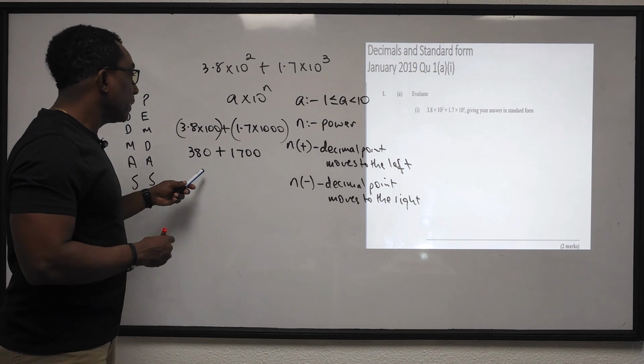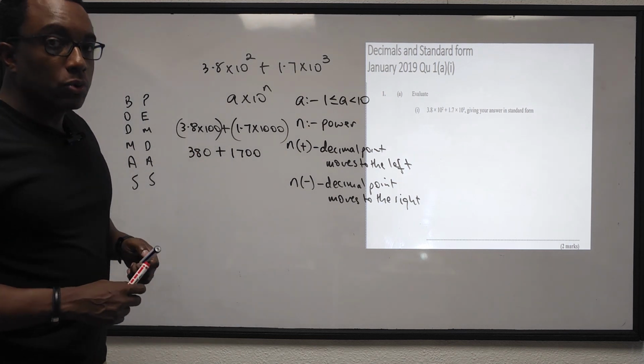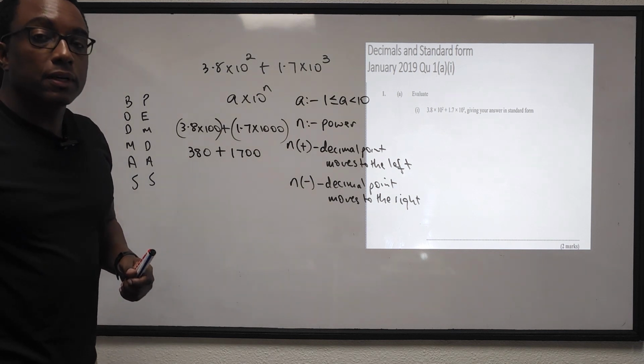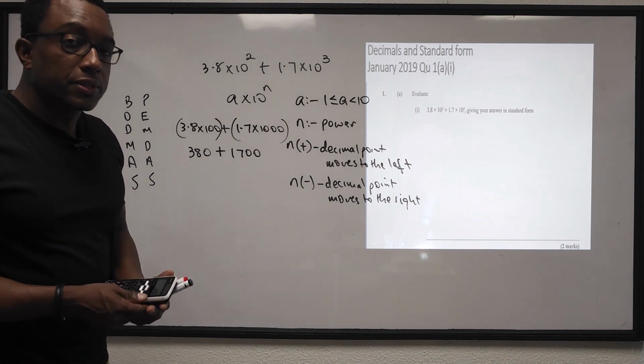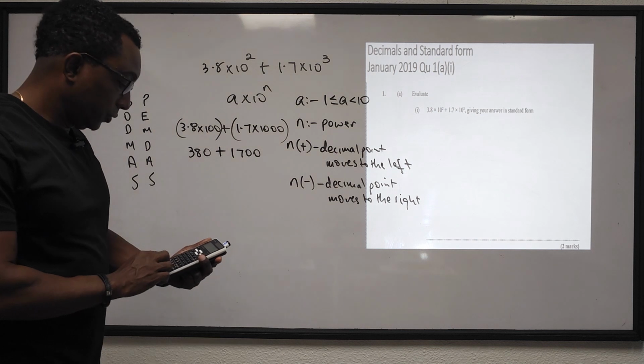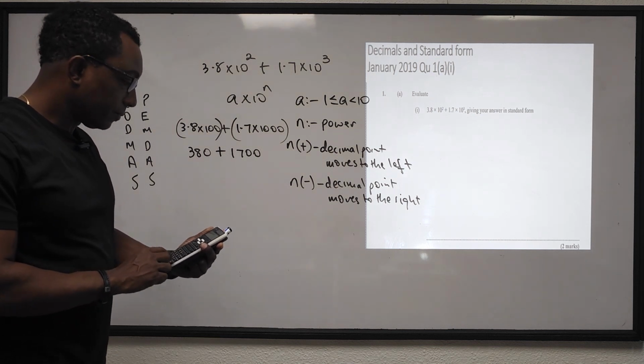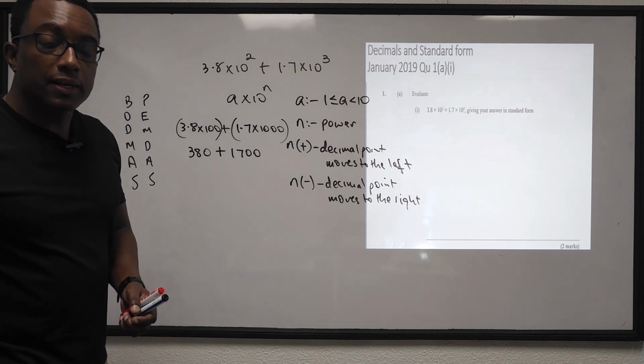So what I'm going to do here now is to add those two numbers, and when I add those two numbers, then I'm going to express that result in standard form. So this is 380 plus 1700, which will give us 2080.